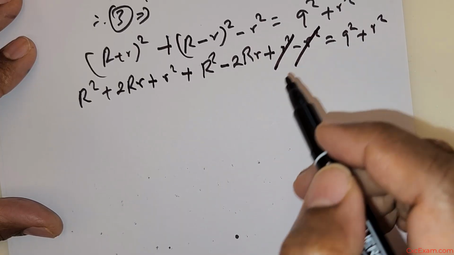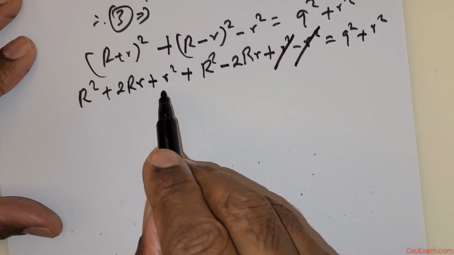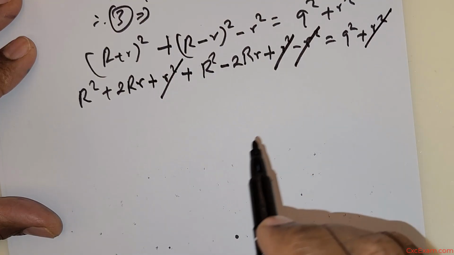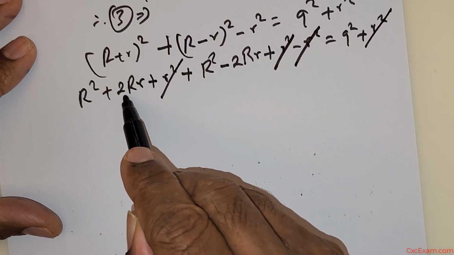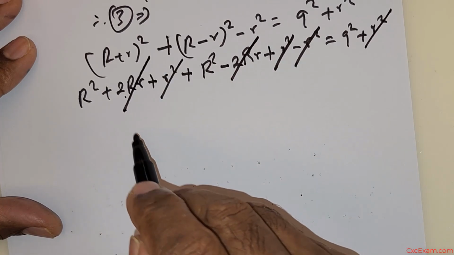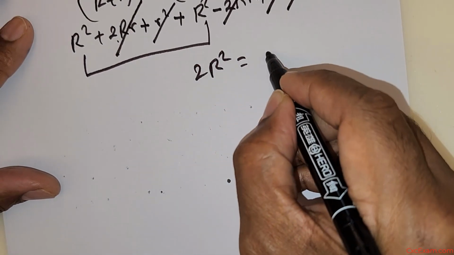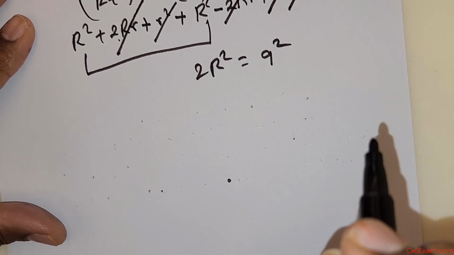Now positive negative goes off. You have an R squared here, this R squared and this R squared go off. You got positive 2Rr, negative 2Rr goes off. Now you have r squared plus r squared. So that's going to be 2 times r squared is equal to 9 squared.